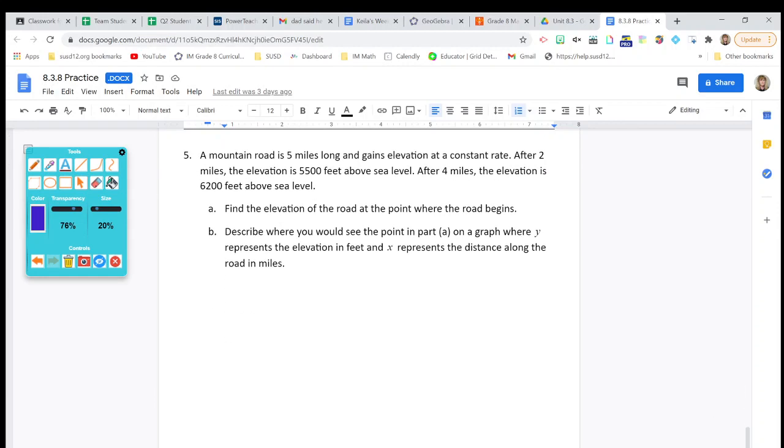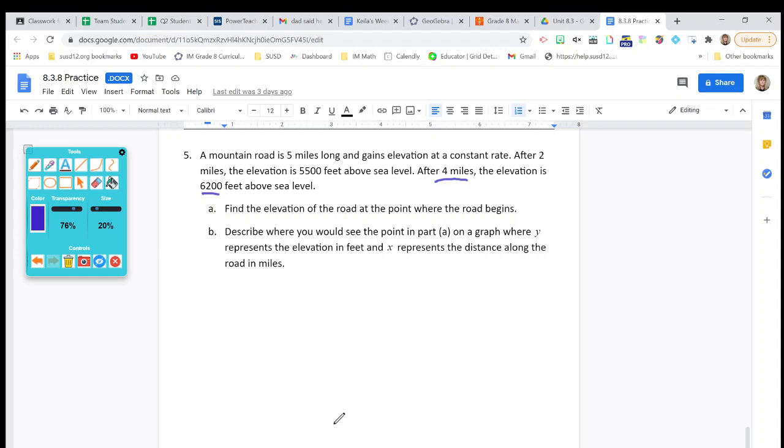Let's keep going. Number 5. A mountain road is 5 miles long and gains elevation at a constant rate. After 2 miles, the elevation is 5,500 feet above sea level. After 4 miles, the elevation is 6,200 feet above sea level.